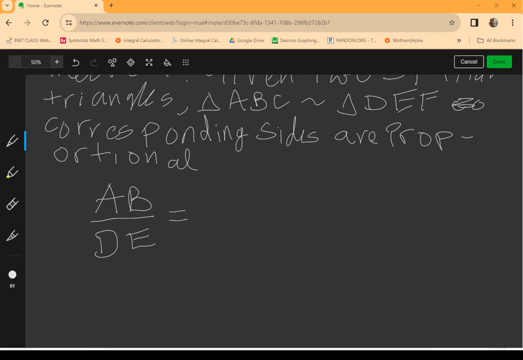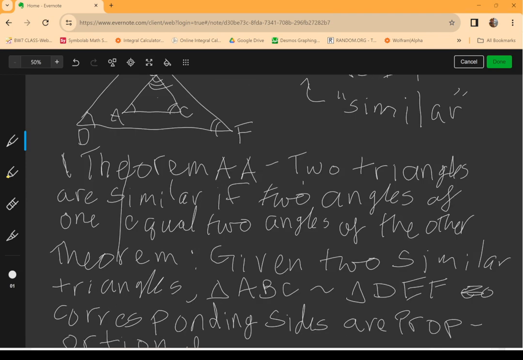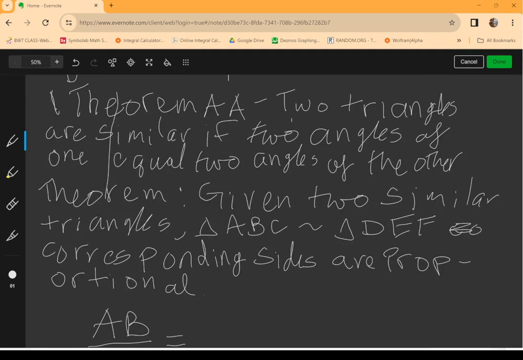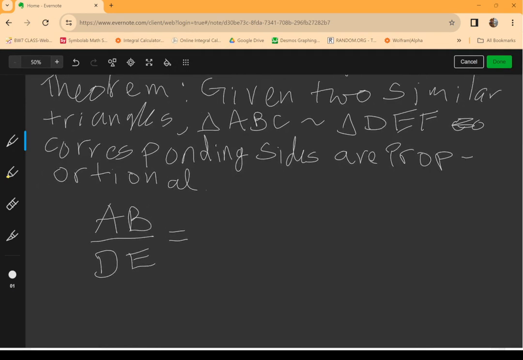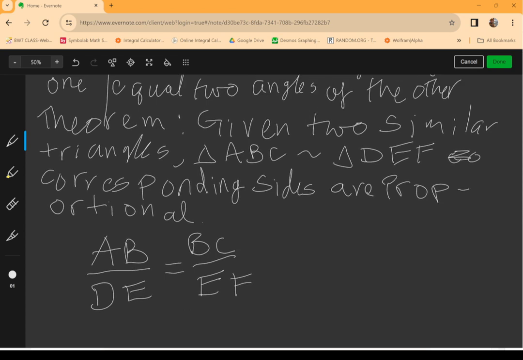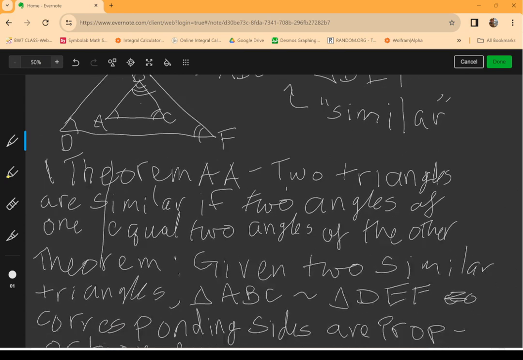So AB over DE, and then the other proportion would be BC over EF, and then the third one here, AC over DF.